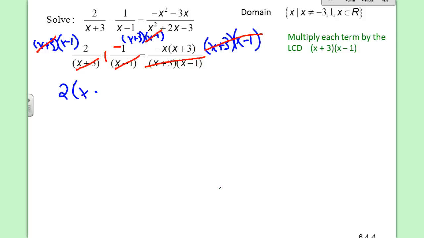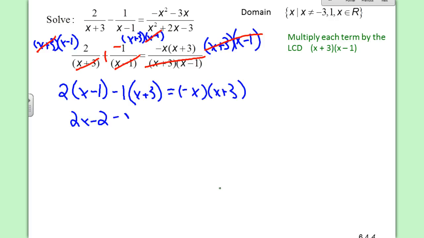2 times x minus 1, minus 1 times x plus 3, equals, well, nothing left there, minus x times x plus 3. So I end up with 2x minus 2 minus x minus 3 is equal to minus x squared minus 3x.